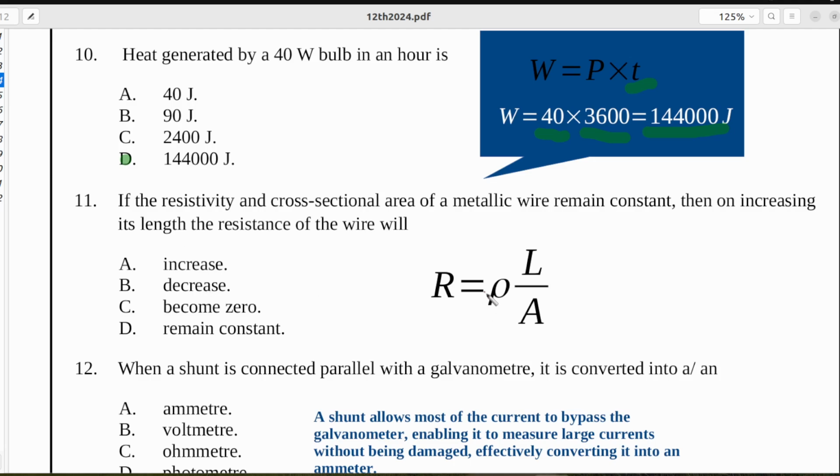To answer this, we refer to the formula for resistance, as resistance is directly proportional to the length of the wire and inversely proportional to the area. As resistivity and area of wire remain constant, then on increasing its length, the resistance of the wire will also increase, as it has a direct relation.